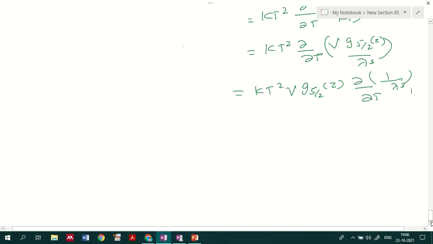If you do the differentiation, U equals 3 by 2 kT V by lambda cube g 5 by 2 of z. Lambda is a function of T, because lambda cube is h cube divided by 2π m kT, so while differentiating we get a 3 by kT representation.